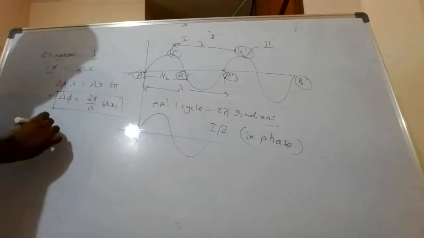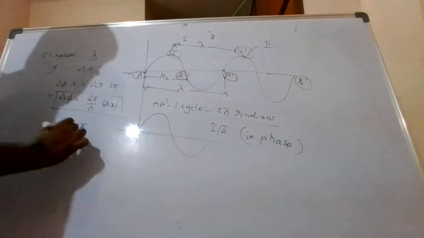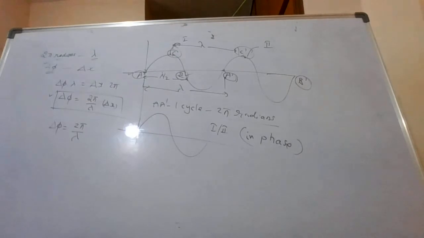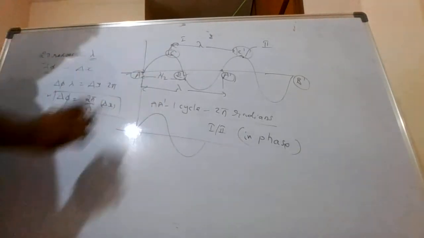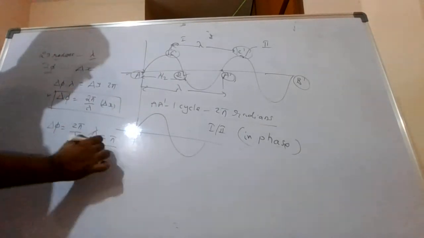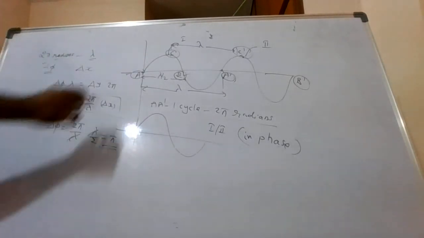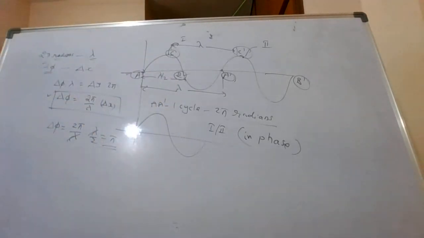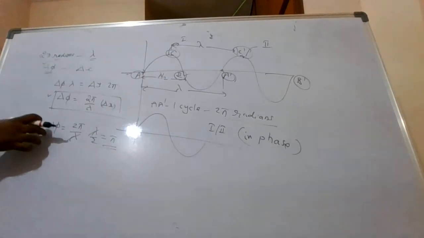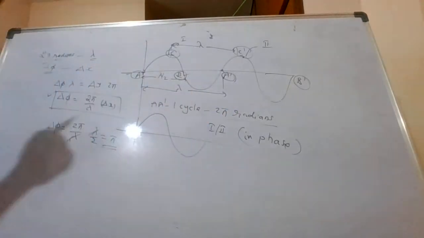You put it in this equation. Delta phi is equal to 2 pi by lambda. What is delta x? Delta x is a measure of distance. So how much distance we have taken? Lambda by 2. So lambda by 2 you put here. Are you getting pi? You are getting pi. So when you took A and B, how much phase difference did you get? You got pi. A to A dash is 2 pi, A to B is pi.